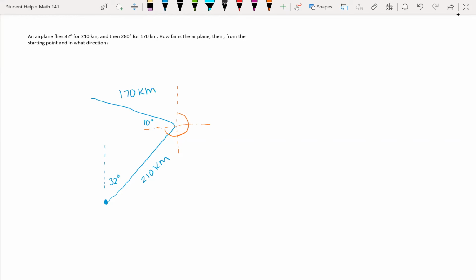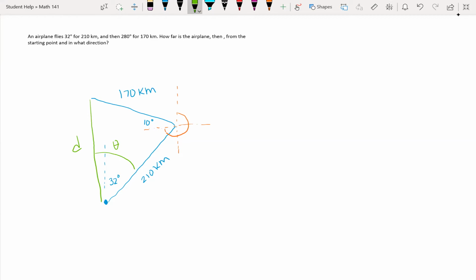Okay. And then what I'm trying to find is how far the plane is from its initial place that it took off. So I'm trying to find this distance here. Let's call it D. And then I'm also trying to find what this angle is. Let's call this theta, right? What direction it is from where it started, and then also the distance.